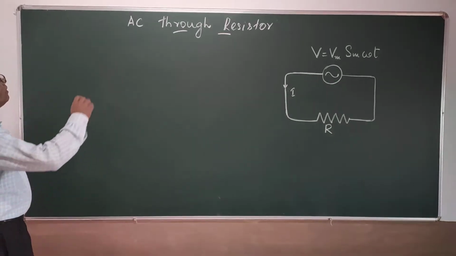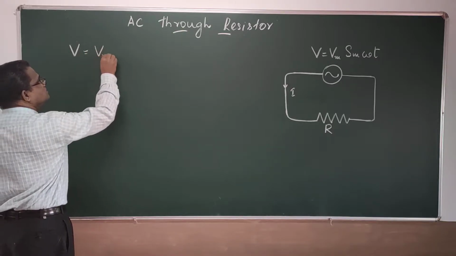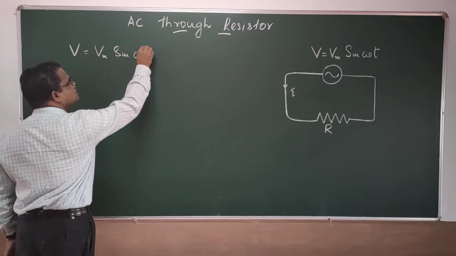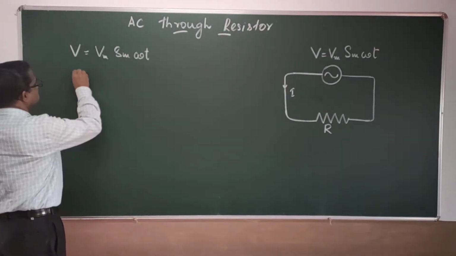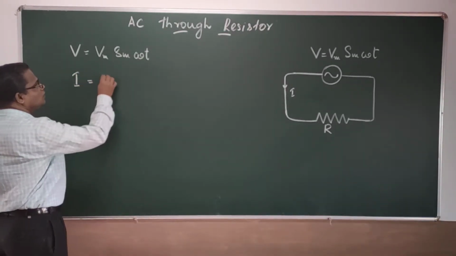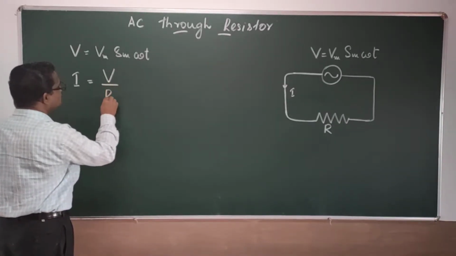Now, V equal to Vm sin omega t is the connected AC voltage, and therefore the instantaneous current I equal to instantaneous voltage by resistance.